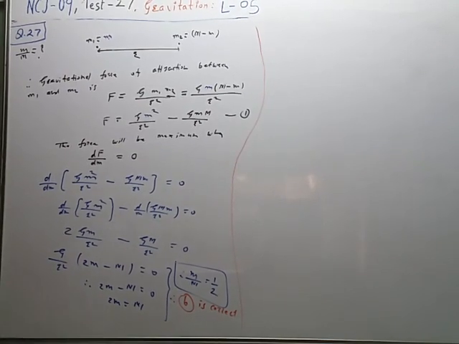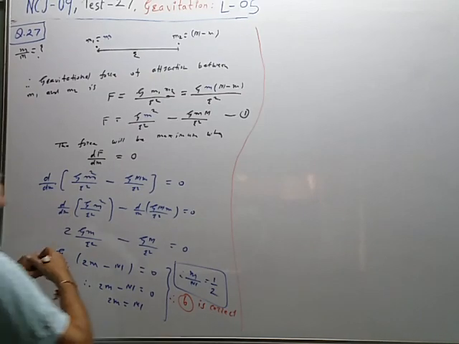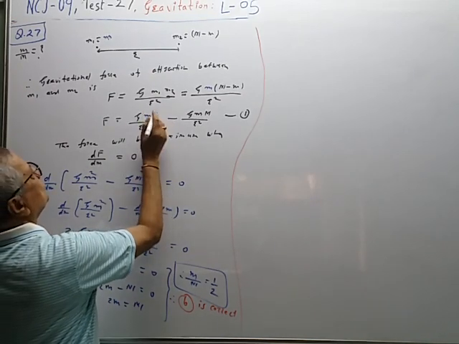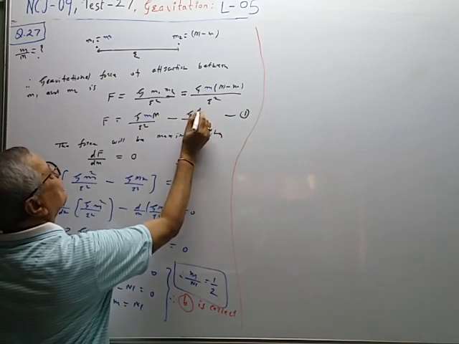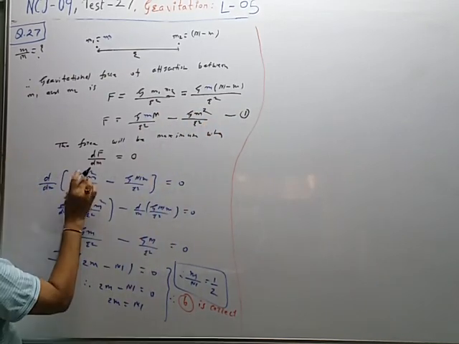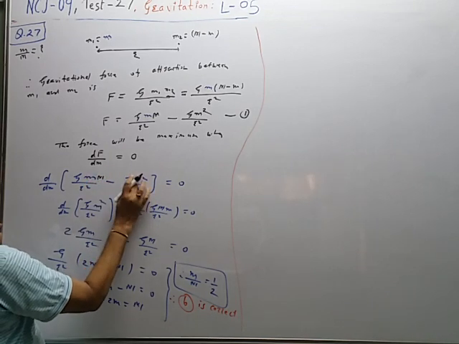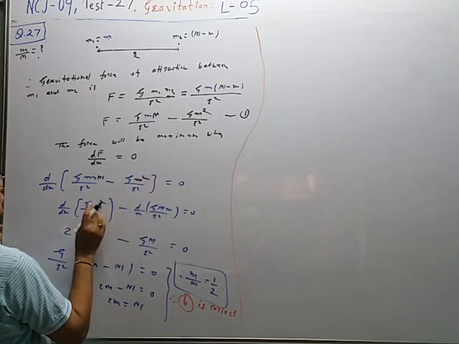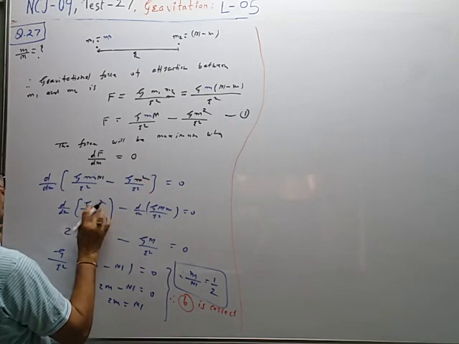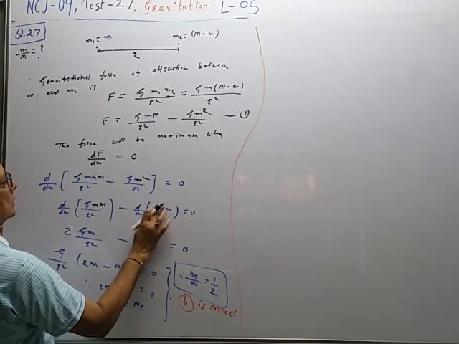Sorry, please make the correction. This is equal to m into capital M, and this is equal to m square. So this is equal to M m minus m square.